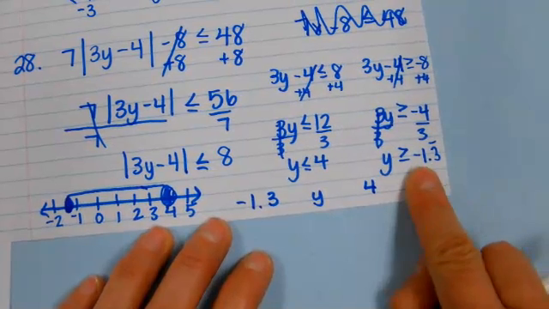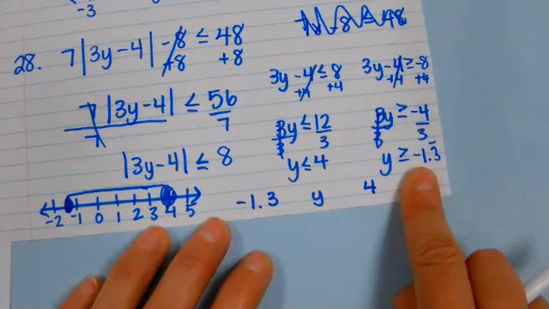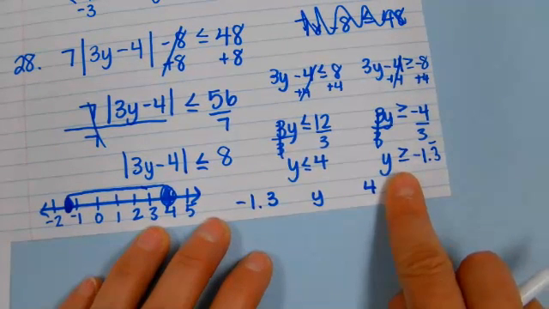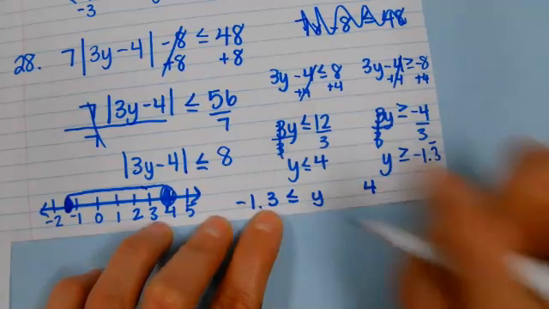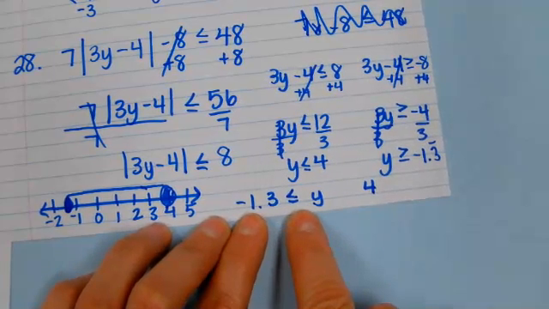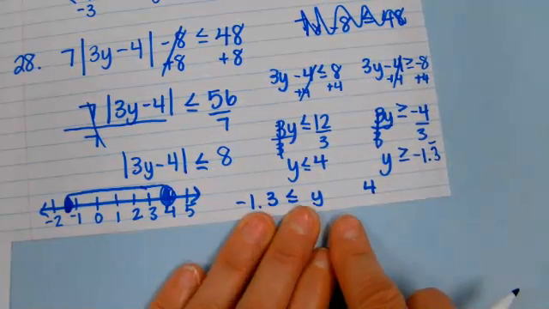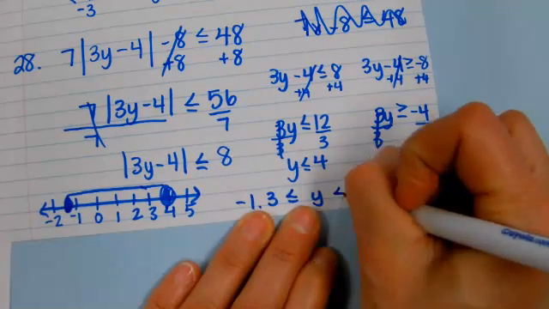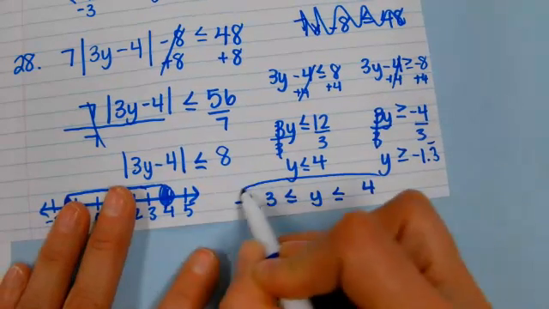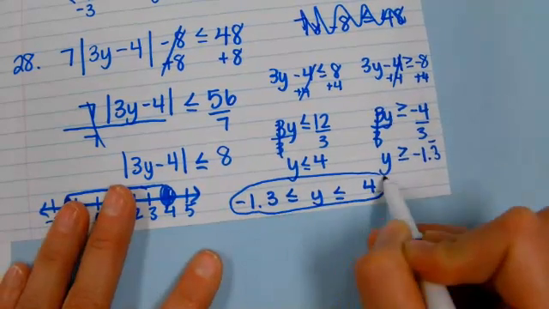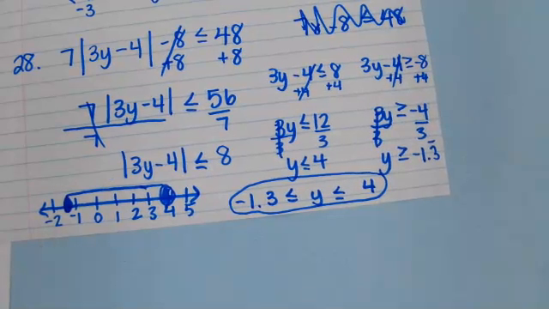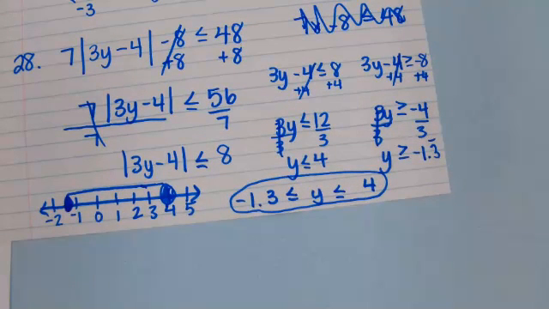On the negative 1.3, what's the alligator eating? Eating the y. So you want to make sure it's eating the y. What's the alligator eating on my 4 one? The y. This is your answer. Graph answer. That was our first and one, wasn't it?